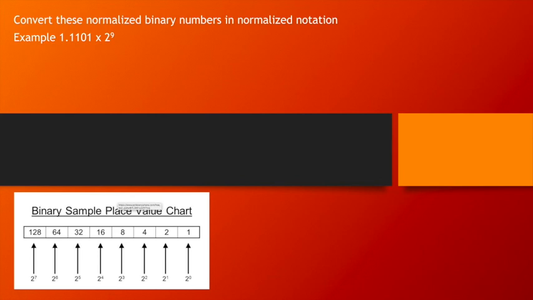And then we convert the exponent to a biased binary exponent. So let's go through that. The exponent is a 9. We add 127 to that. 127 plus 9 is 136.